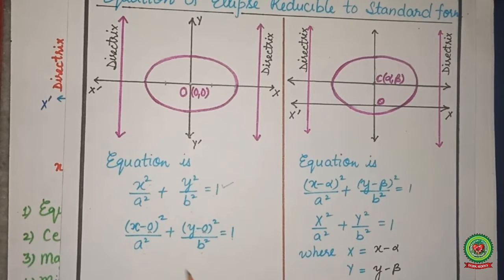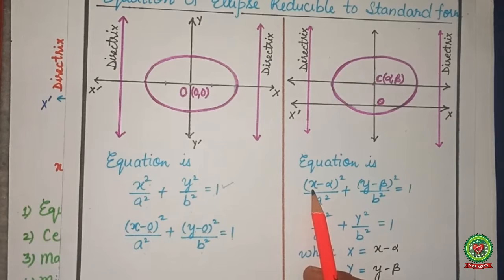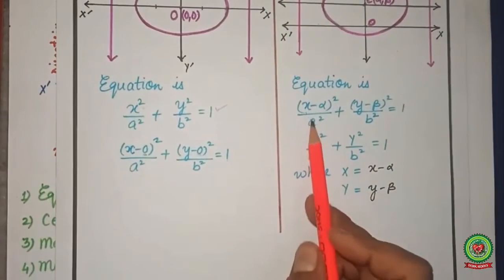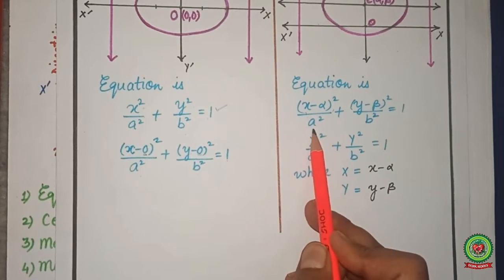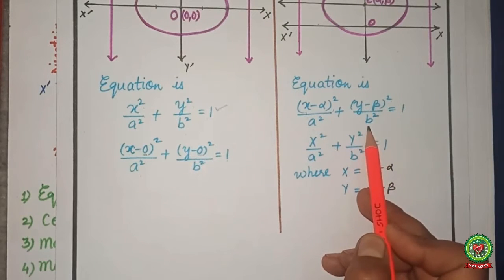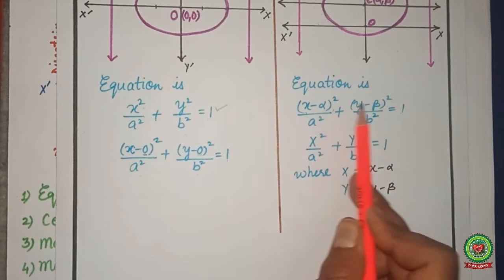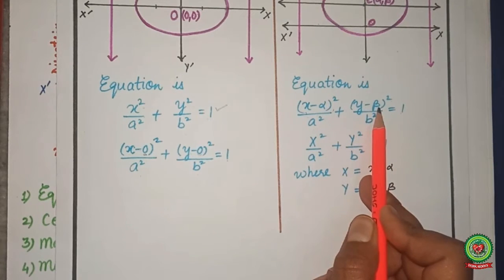Now when this center point changes from 0, 0 to some other point, say alpha beta, the equation changes to x minus alpha whole square upon a square plus y minus beta whole square upon b square is equal to 1. In place of 0, 0 we get alpha beta.